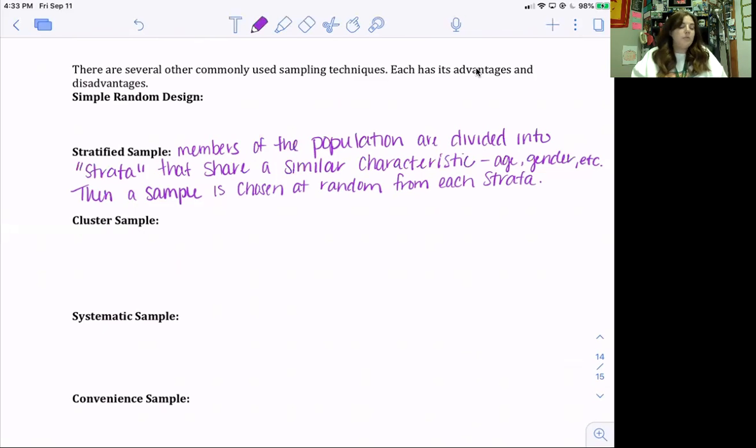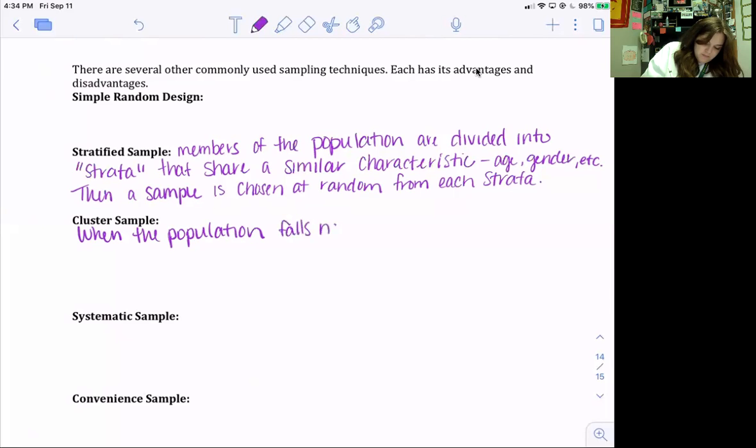So then a cluster sample is very similar. So this is when the population falls naturally into subgroups. So an example of this would be like zip codes. Okay.